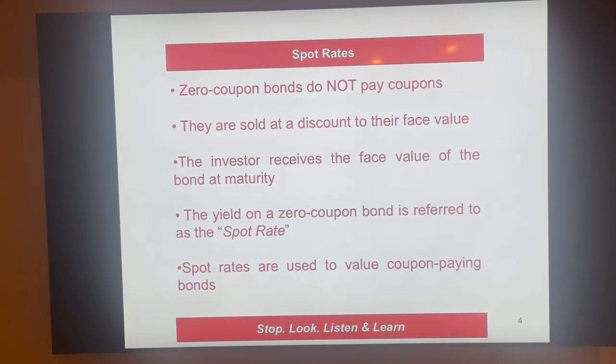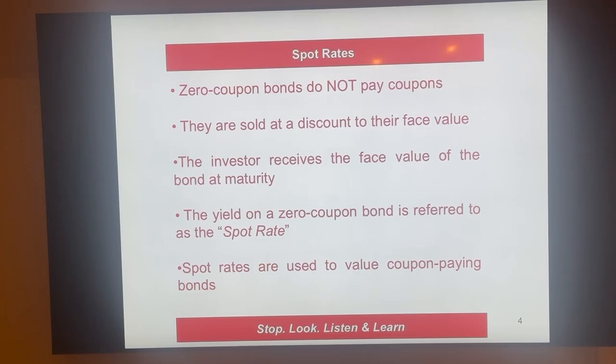Now there are fundamentally two types of bonds. There are coupon paying bonds and then there are zero coupon bonds. Zero coupon bonds do not pay any coupons and they are sold at a discount to their face value. And what the investor receives is the face value of the bond at maturity.